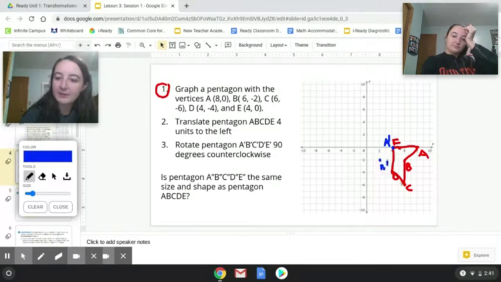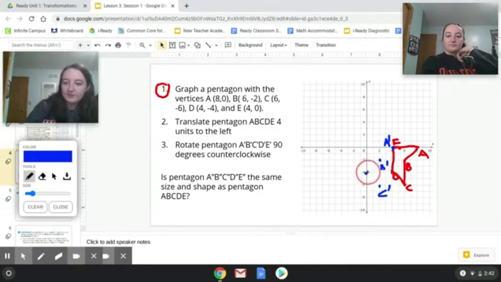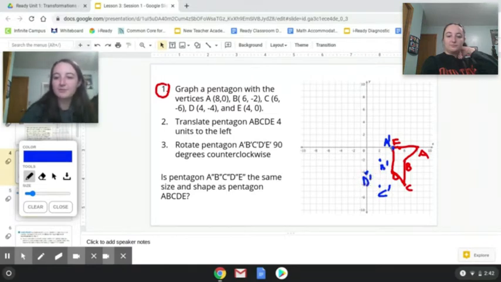Then for C we go 4 to the left: 1, 2, 3, 4. So here's our C prime. Same for D: 1, 2, 3, 4. So here's our D prime. Then for E, we go 4 to the left: 1, 2, 3, 4. So here's our E prime.